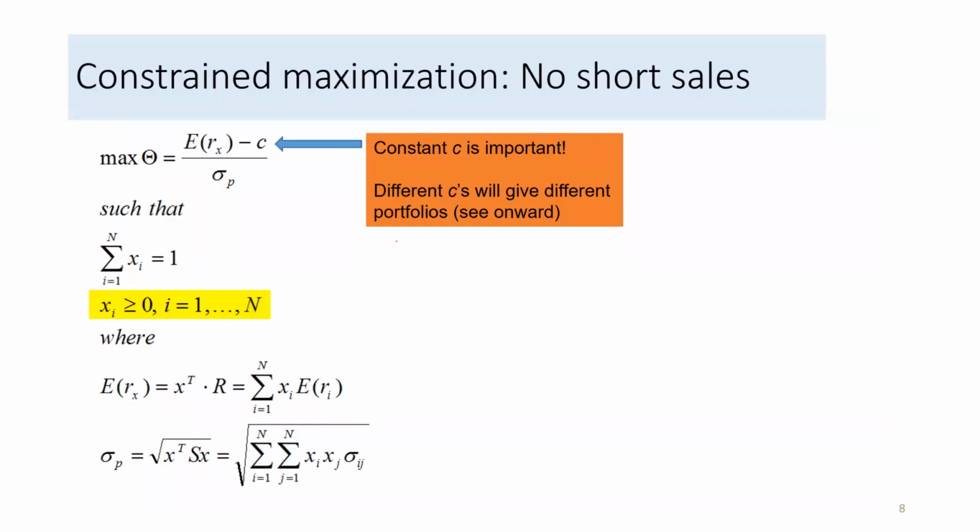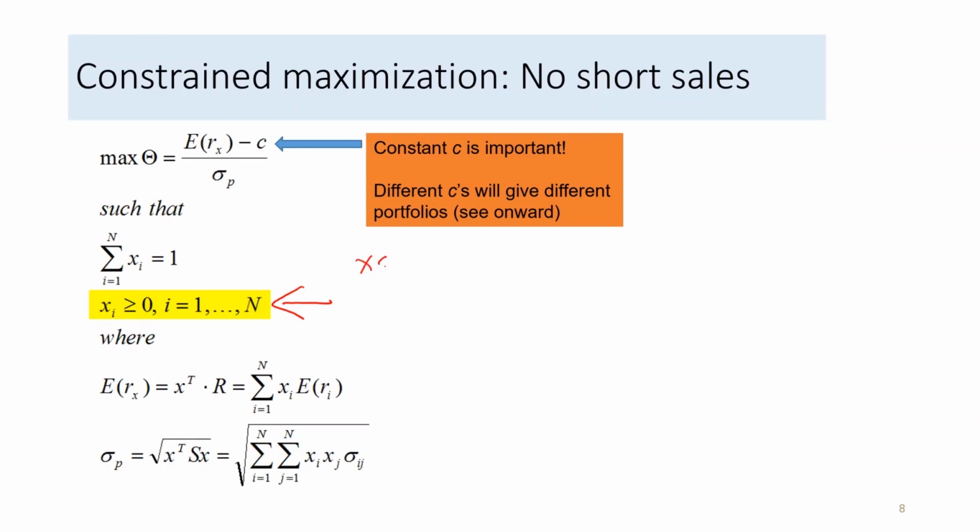Now going to the last part of this portfolio model, we learn how to add constraints to the portfolio maximization problem. If we want to add a constraint restricting investors from any short selling activities, that means X should be greater than 0.